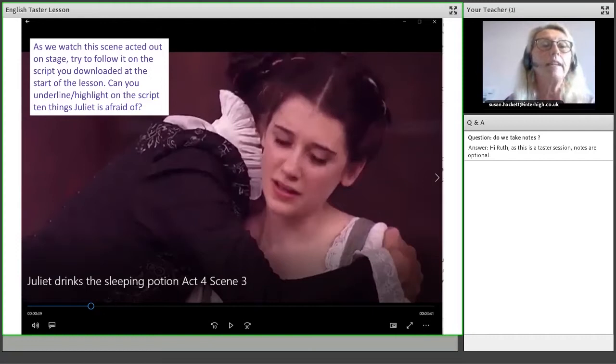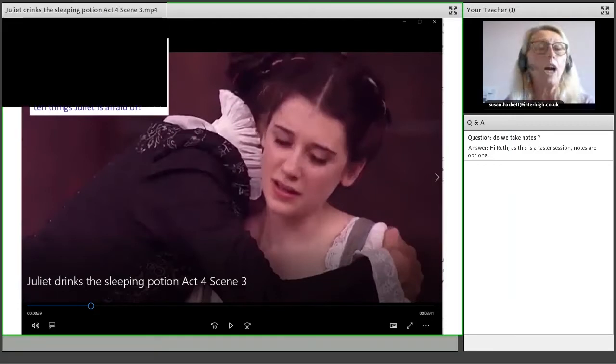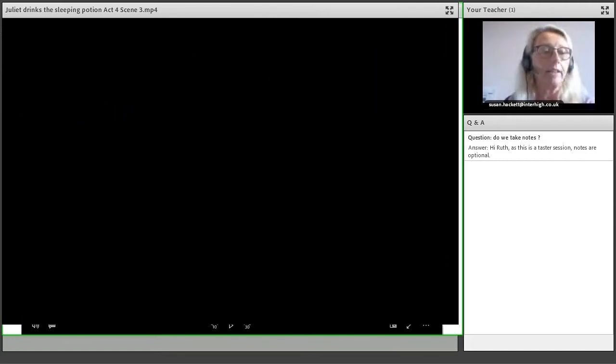You can make a note of them at home. And if you manage to get hold of the document, Act 4, Scene 3, you can start to follow the actors on the stage with the script that you have. But if you haven't done that, it doesn't matter. Don't worry. Here we go.